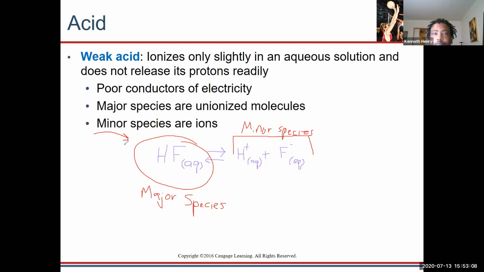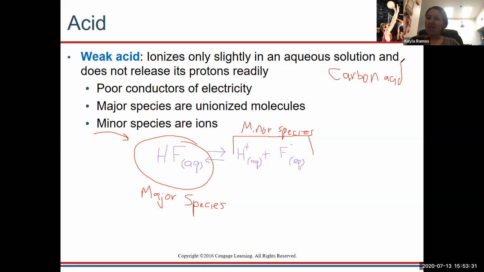Except for carbon acids. Carbon acids are always going to be weak acids. You guys know what I mean by carbon acids? We're here, but I don't know what you mean by carbon acid. So carbon acids are any acids that have carbon in them, like acetic acid, vinegar. Vinegar is a weak acid.